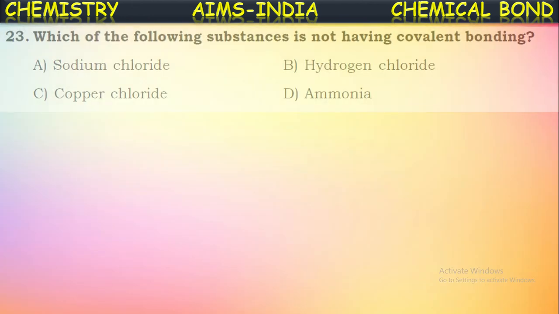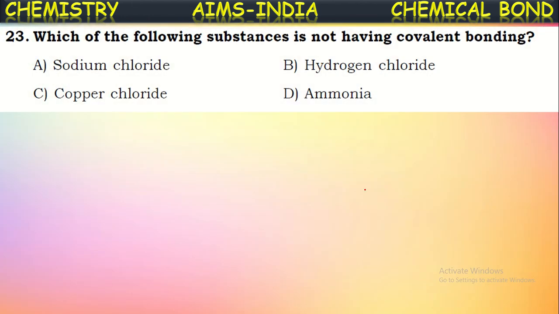Okay, next one. Which of the following substances is not having covalent bonding? See, which is not a covalent compound we have to see. As I told just now, if the bond is formed between two atoms with high electronegativity difference, then it will be an ionic bond. If the atoms have less electronegativity difference, then the bond formed will be a covalent bond.